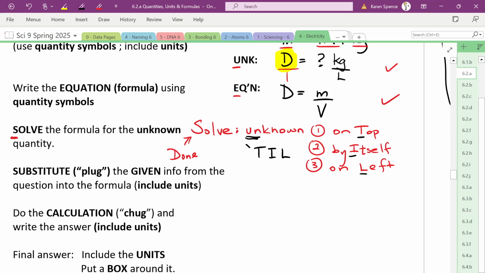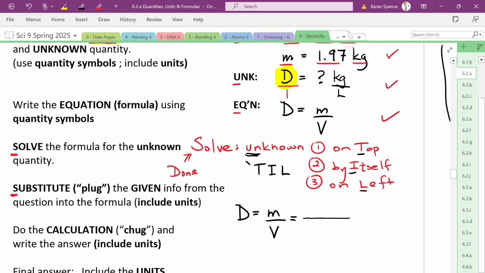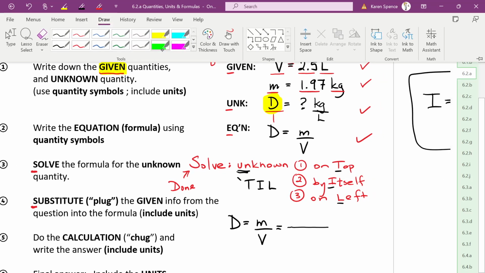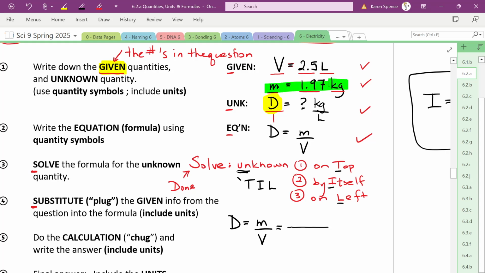Then our second S stands for substitute. So we take our equation, D is equal to M over V. And then instead of writing M, we are going to substitute the value for M. M is 1.97 kilograms.